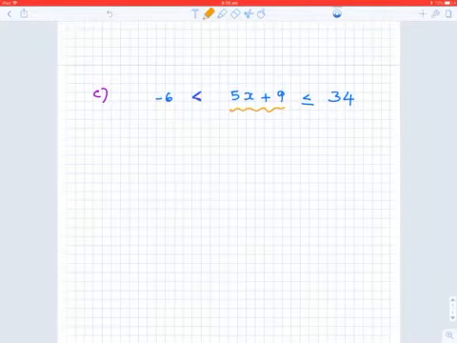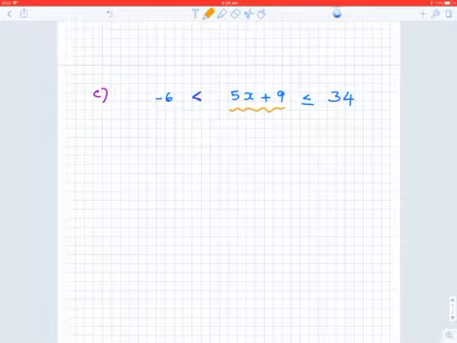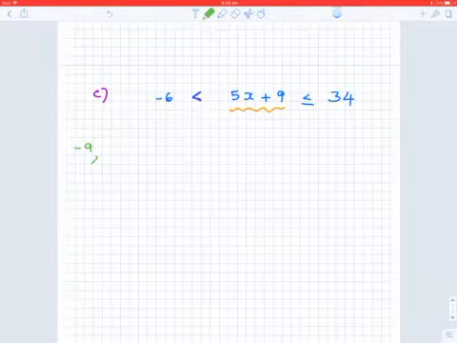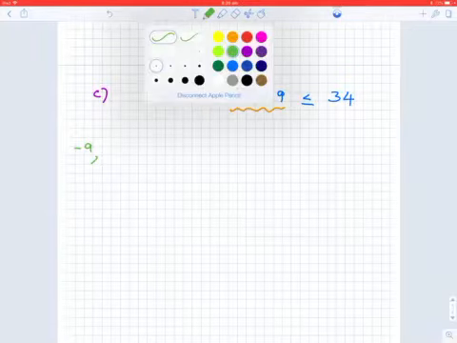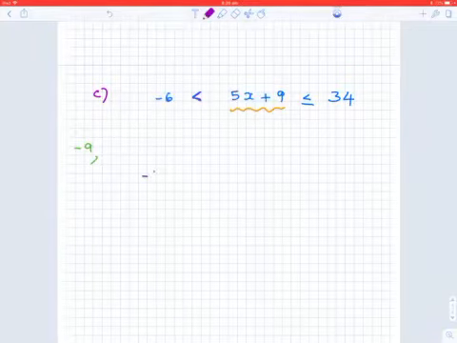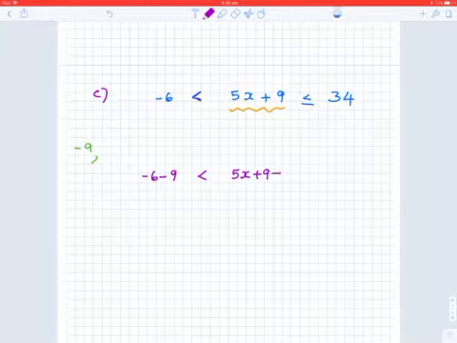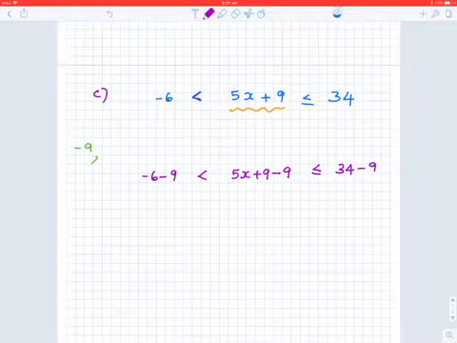Now the first thing we do is this. You have to consider this part. I need to remove the 9, so I'm going to do minus 9 throughout. So the question now becomes minus 6 minus 9 less than 5x plus 9 take away 9 less than or equal to 34 minus 9.